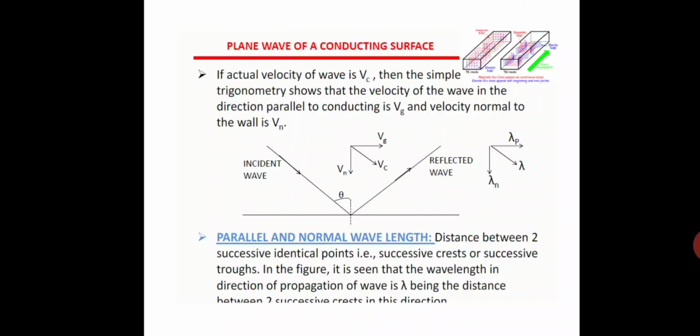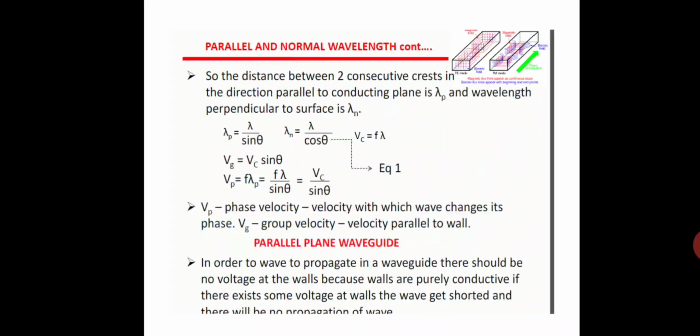Parallel and normal wavelengths: the distance between two successive identical points, such as successive crests or successive troughs. In the figure, in the direction of propagation of the wave, lambda is the distance between two successive crests.